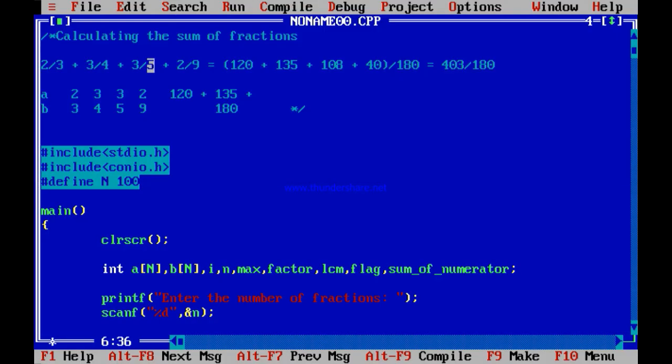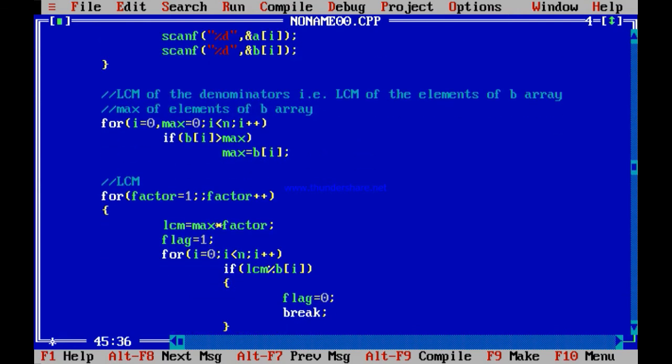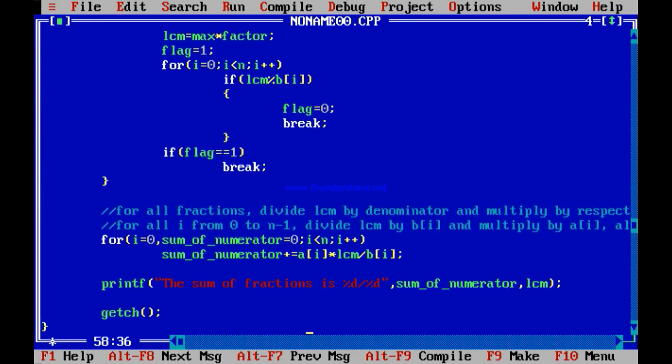I think you have understood this code. I will leave this over here with a bit of work for you to do. See, the sum could have been 24 by 12 also. Not only 23 by 12, but it could have been 24 by 12 also. On the contrary, it could have been 12 by 24 also. Now, if it is 24 by 12, instead of writing the sum is 24 by 12, it would have been better for you to write the sum is 2.